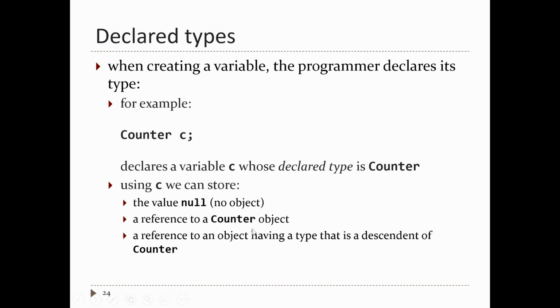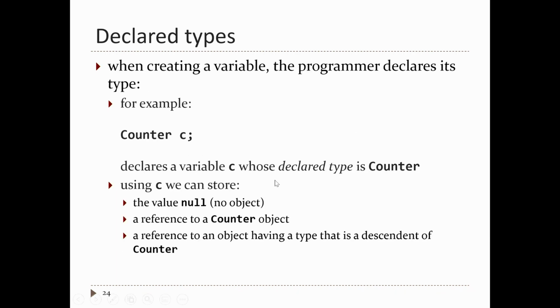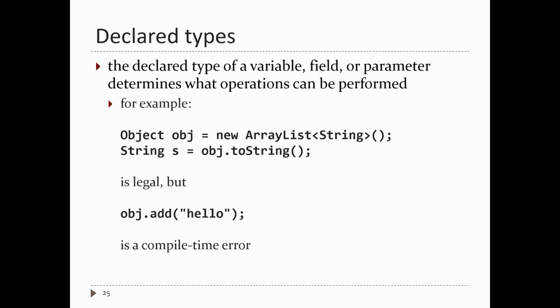I can store a reference to a Counter, or I can store a reference to an object having a type that's a descendant of Counter. So in other words, I can store a StoppingCounter reference inside a Counter variable. I can store a ThrowingCounter reference inside of a Counter variable. Why does that work? Because a StoppingCounter is a Counter. A ThrowingCounter is a Counter.